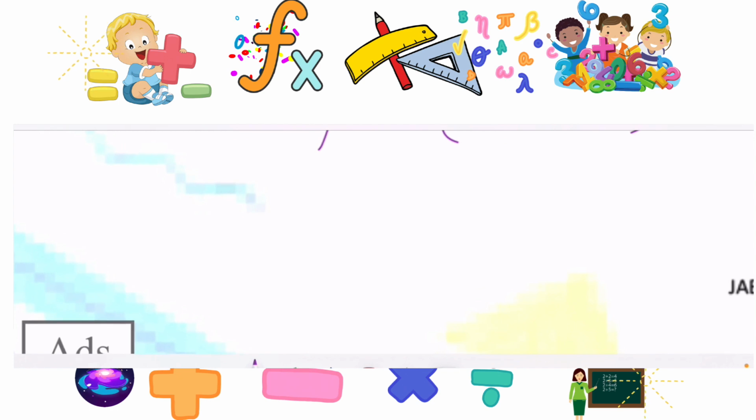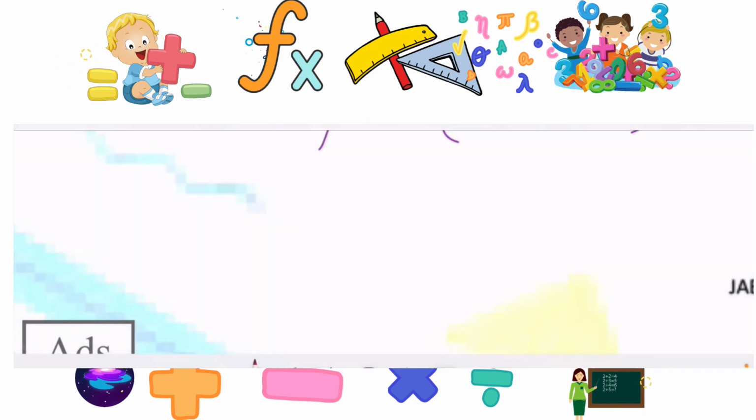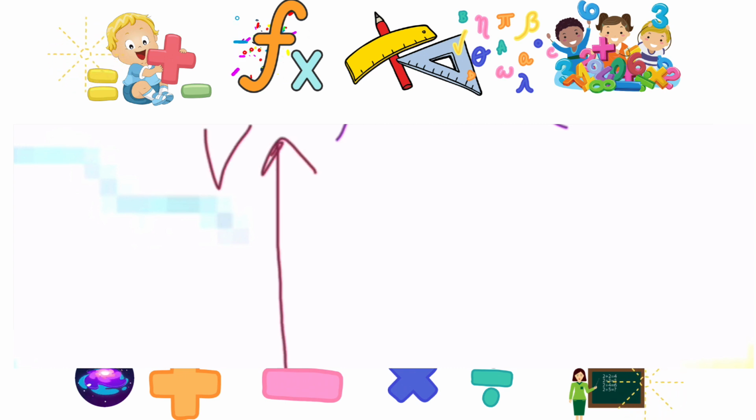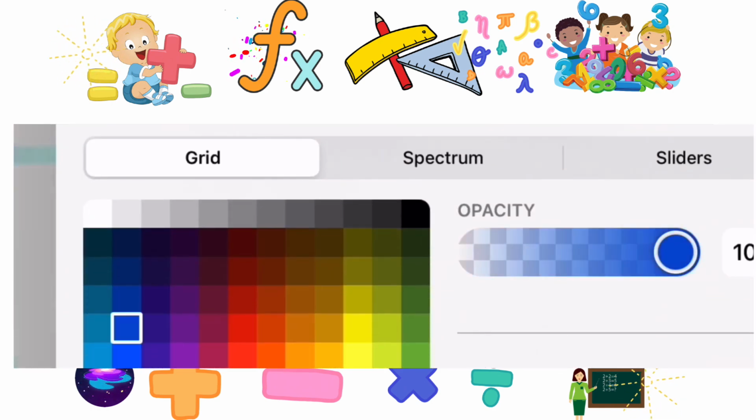Alright, so let's get started with sketching of the velocity-time graph. In order to sketch, we need to draw the axes. The vertical axis we label with v, the horizontal axis will be t, and this is an N-shaped graph, right?